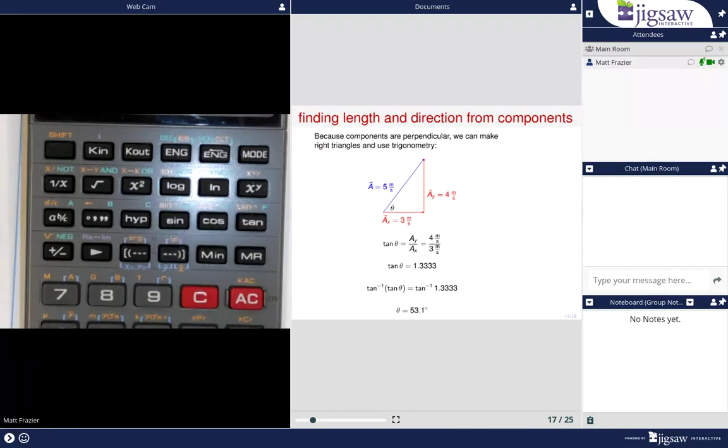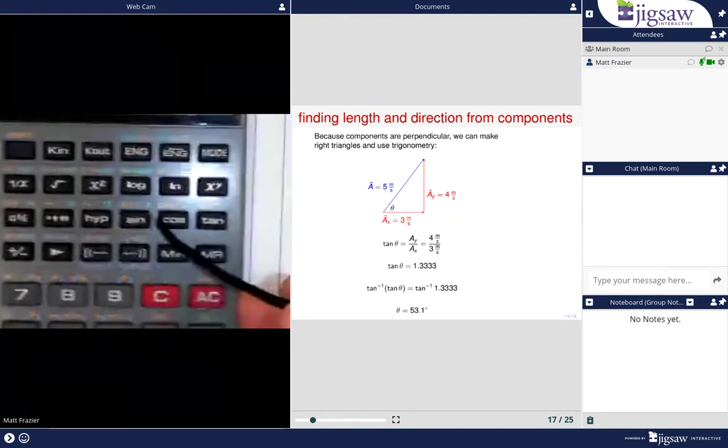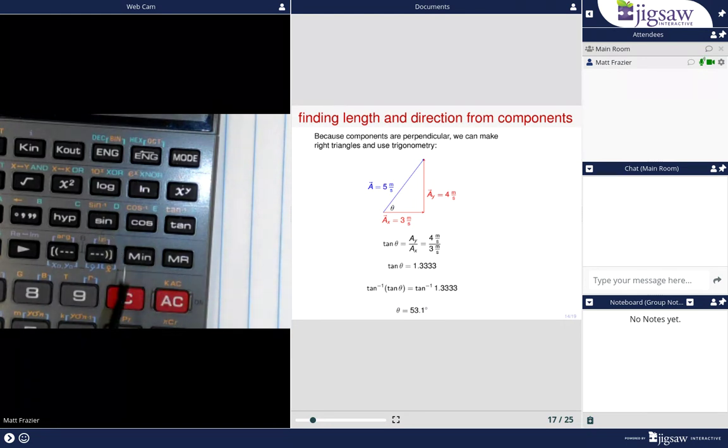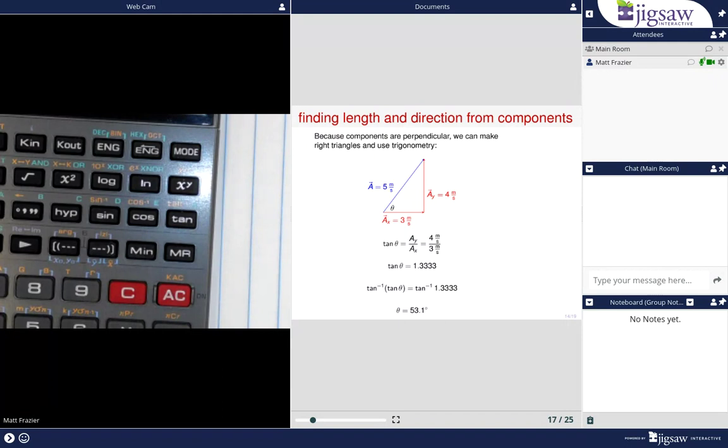If you're doing trig, sine, cosine, tangent, and then the inverse is shift. Inverse sine is the thing that is, let me move it to the side here. Mine is in yellow, and of course that blends in the light. So we have these functions, and you need to know how to use your calculator.